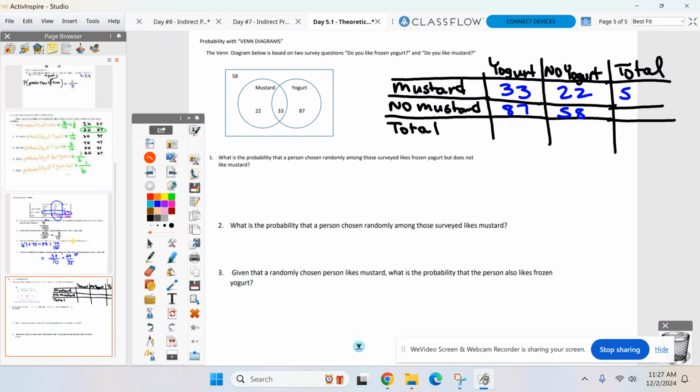How many total people were in this whole thing then? 200 people, yep. And that's what I like about doing a table. I don't care if you add them up sideways or up and down. Total should always be the same going both ways.